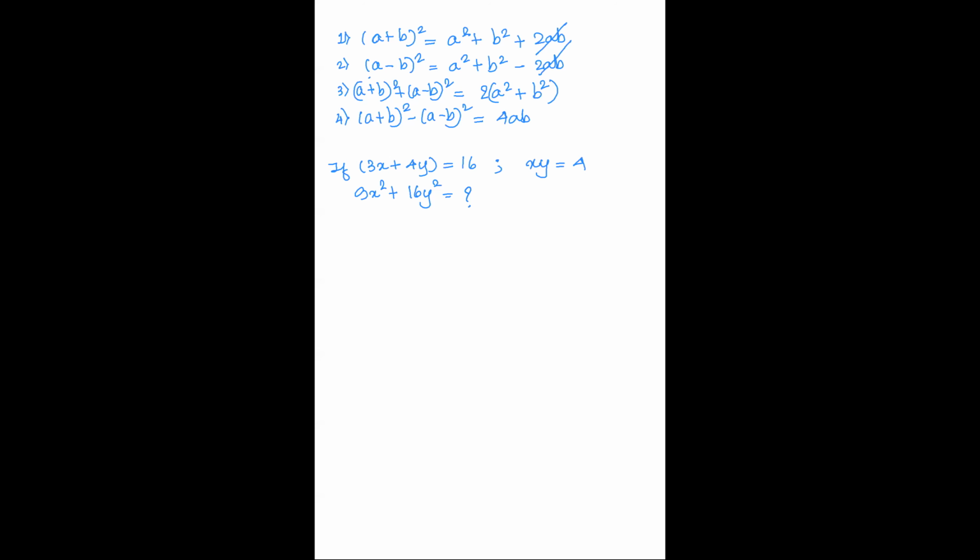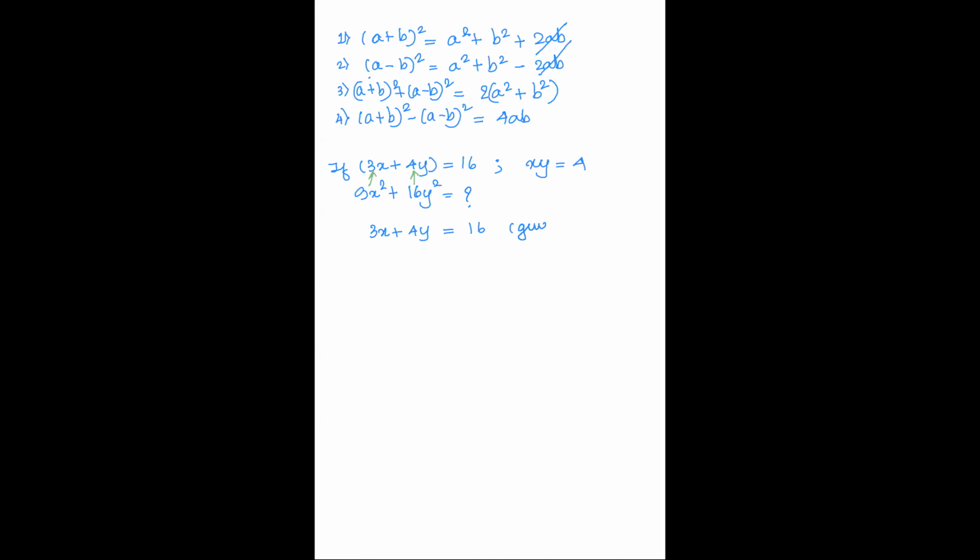Now, 9x square is basically the square of 3x. 16y square is the square of 4y. तो यहाँ से पता चलता है कि हम लोग इनको स्क्वायर करेंगे ना तो हमारा काम बन सकता है. Watch it, all of you. 3x plus 4y is equal to 16.